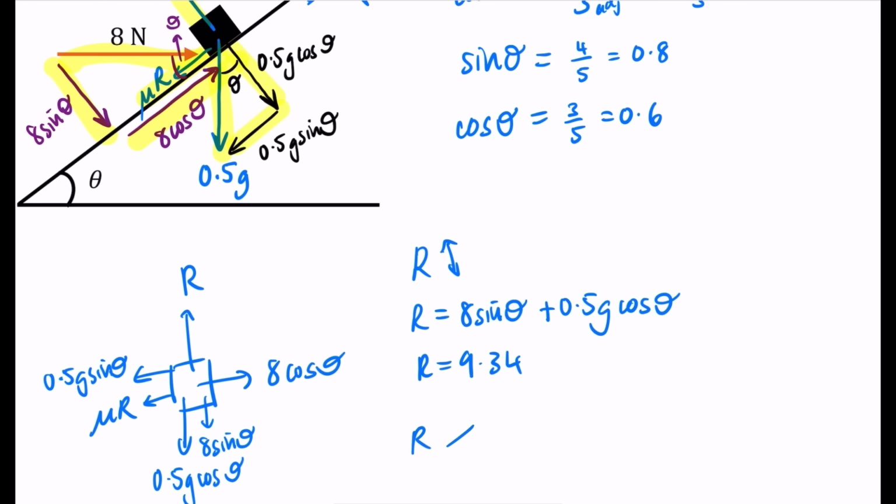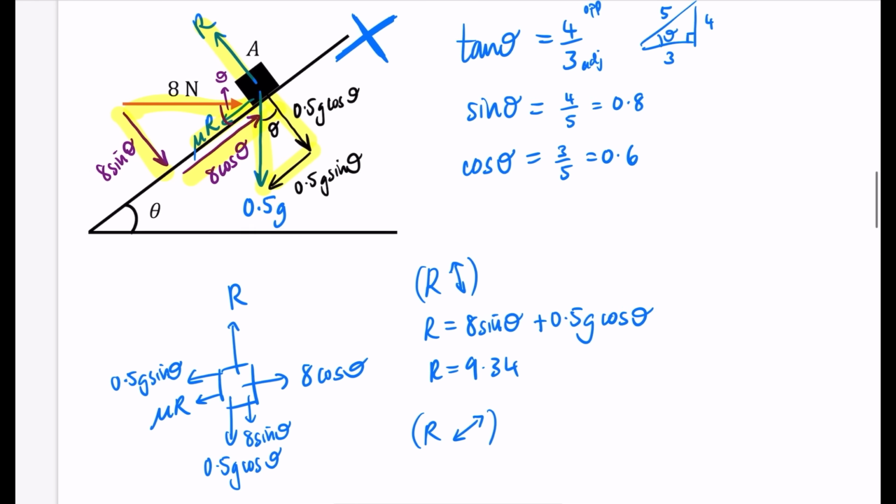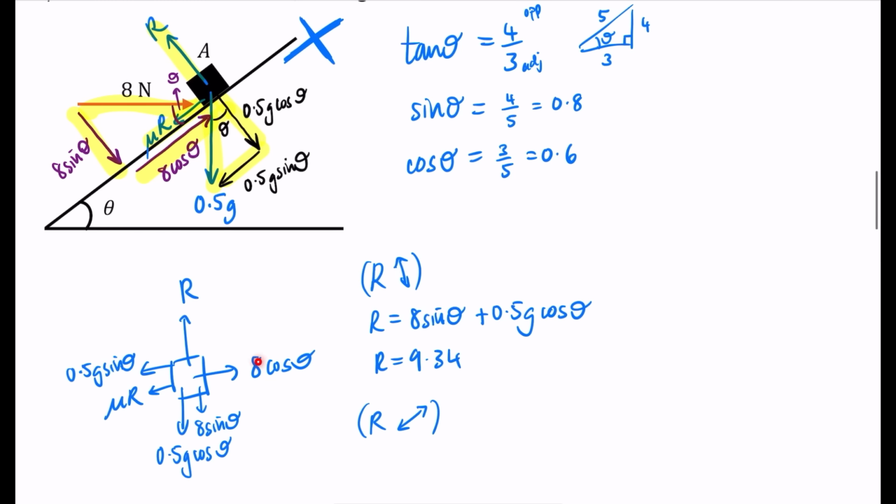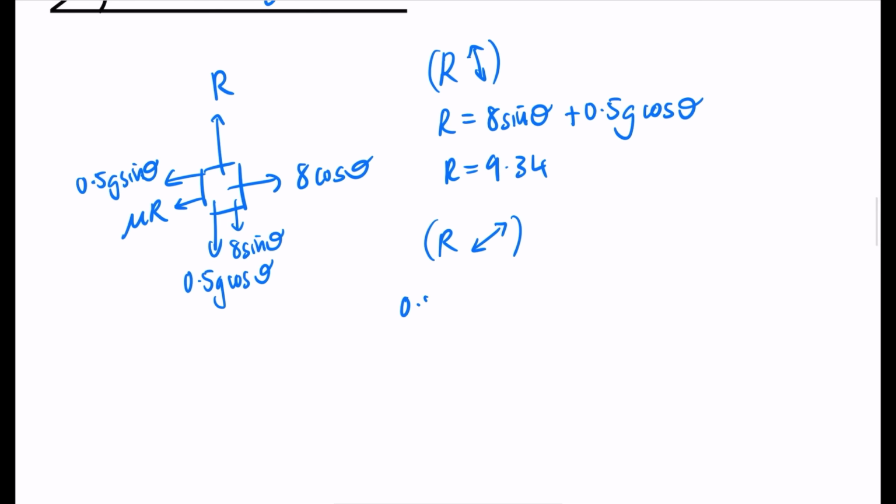Now I'm going to resolve parallel to the slope, and when I resolve parallel to the slope, it is still in limiting equilibrium, so these ones are all equal to each other. So now I know that 0.5g sine theta plus the friction is equal to 8 cos theta.